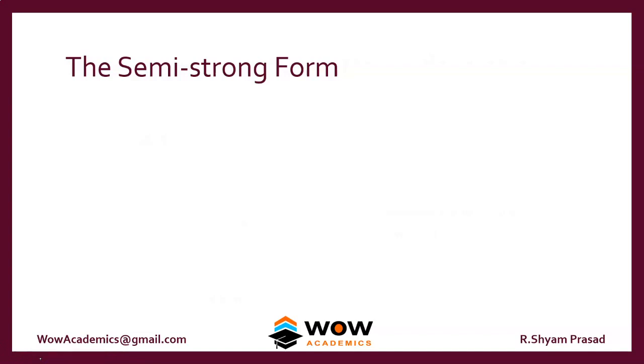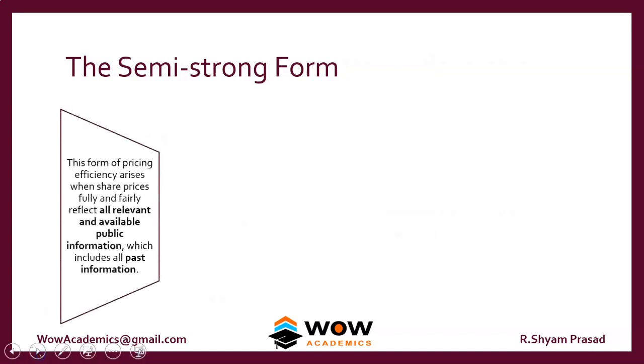It's called the semi-strong form. This form of pricing efficiency arises when share prices fully and fairly reflect all relevant and publicly available information, which includes past information. So semi-strong includes the weak form information also.